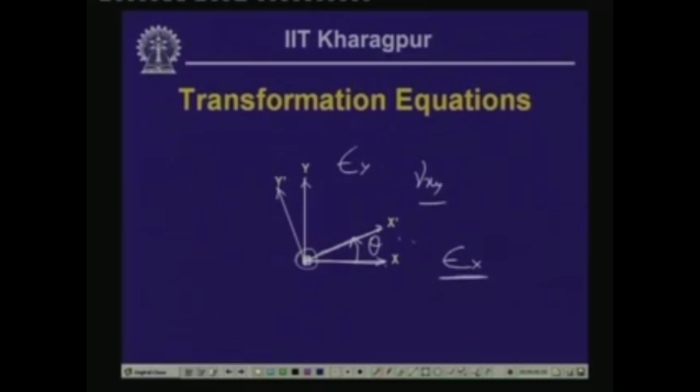Will they still be epsilon x, epsilon y, gamma xy, or will they be different?